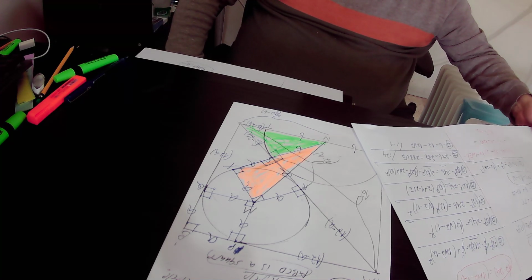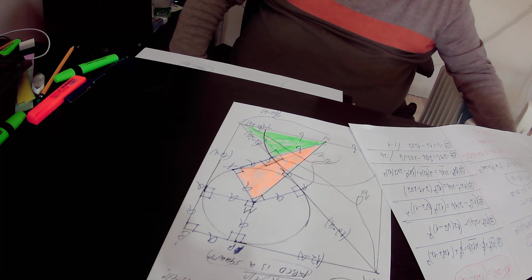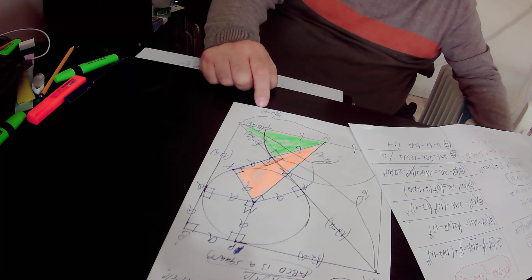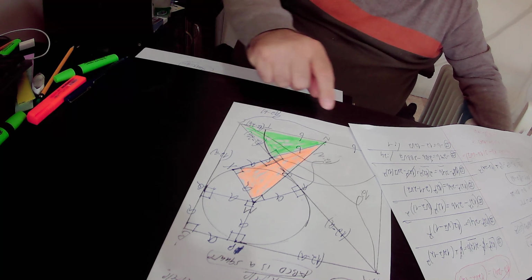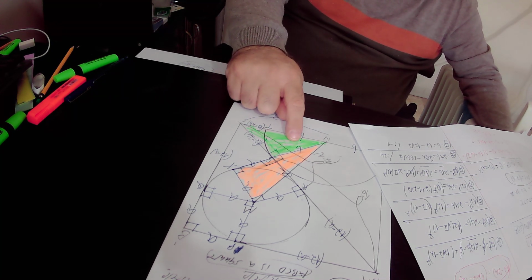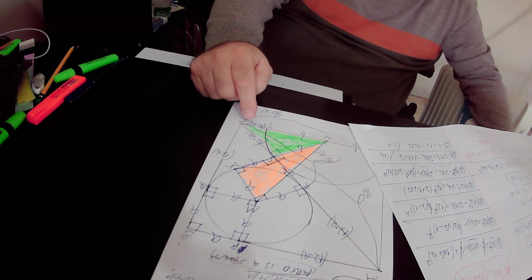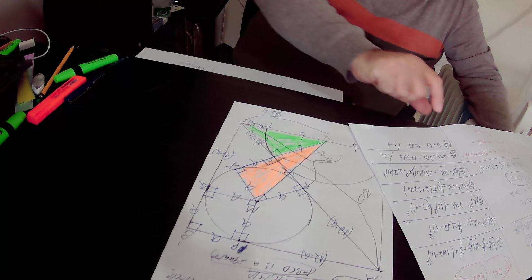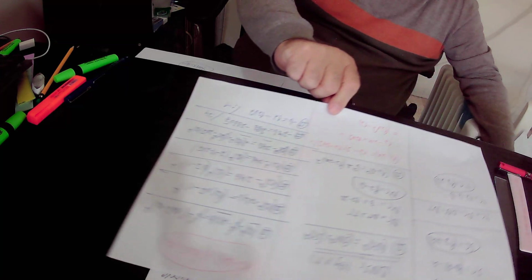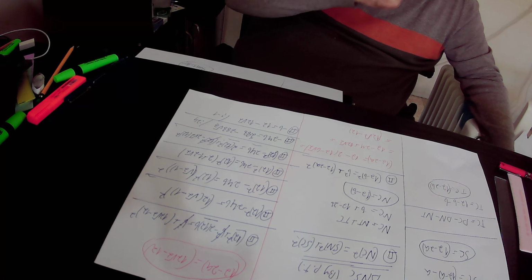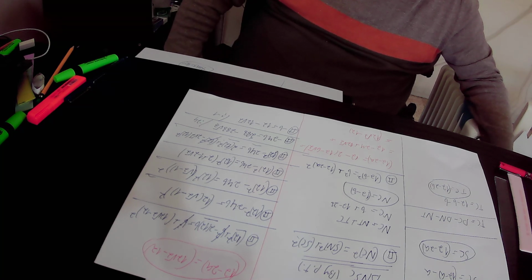And so according to the Pythagoras theorem, NC square, 12 minus B square, equals NS square, that is B square, plus SC square, that is 12 minus 2A square. So in conclusion, according to equation number 2, 12 minus B square equals B square plus 12 minus 2A square.